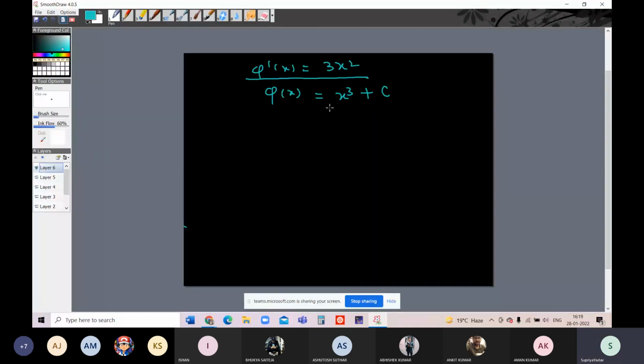Phi x is equal to x cube plus c. Now substituting this value of phi x in equation number 1. What was equation number 1?